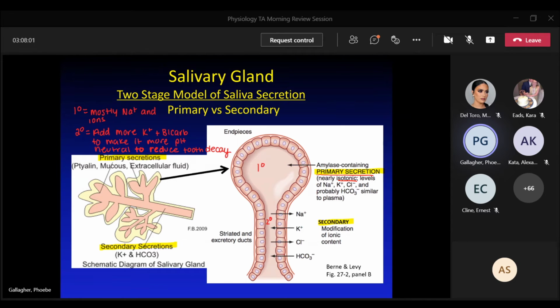And this is where you're going to secrete even more bicarbonate and more potassium so that you reabsorb more sodium and chloride. So your final salivary secretions are going to be high in bicarb and high in potassium. So I would just memorize that primary is going to be the acinar cells, and your secondary secretions are going to be in the duct.